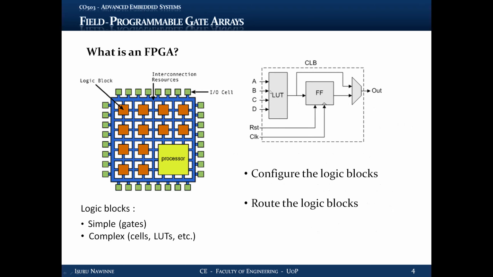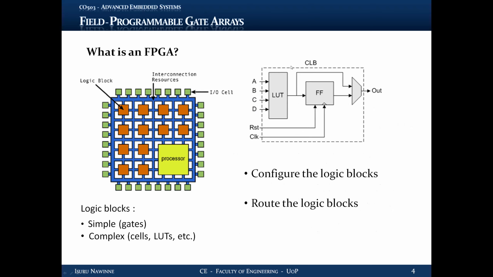You have a LUT, or lookup table. You can imagine a lookup table as something like a truth table. It can take a number of inputs, depending on the manufacturer, they have different kinds of lookup tables, and an output, right?